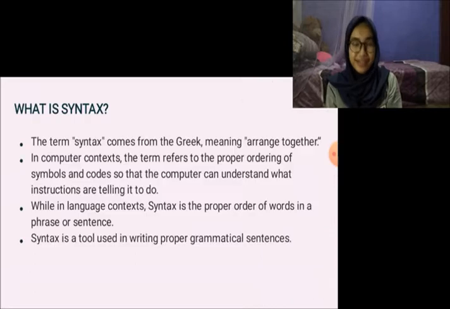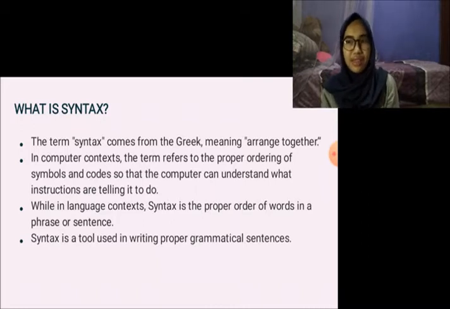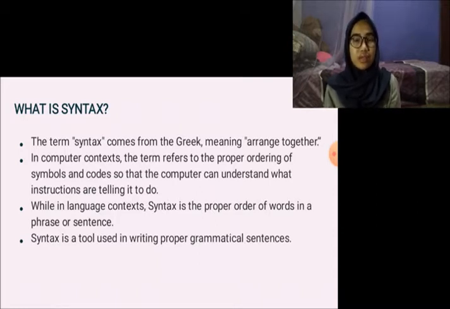So, what is syntax? The term syntax comes from Greek, the meaning of which is "arranged together." In the computer context, the term refers to the proper ordering of symbols or codes so that the computer can understand the instructions telling it what to do.